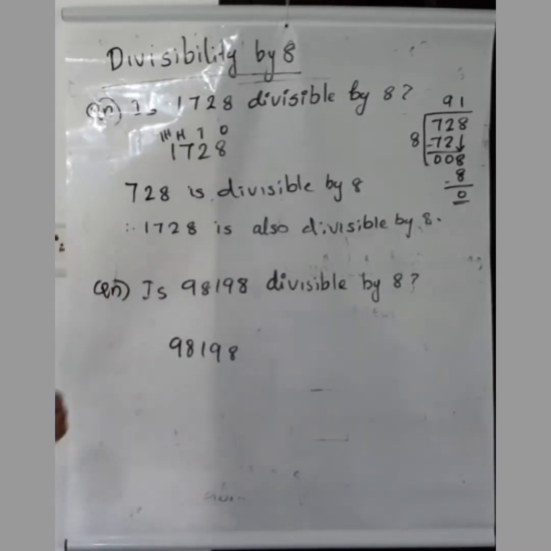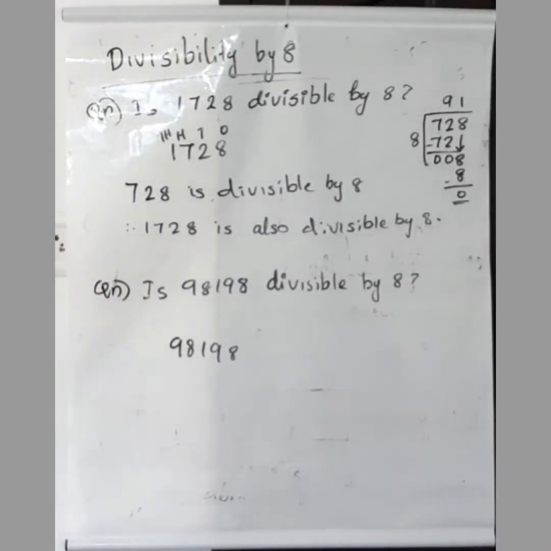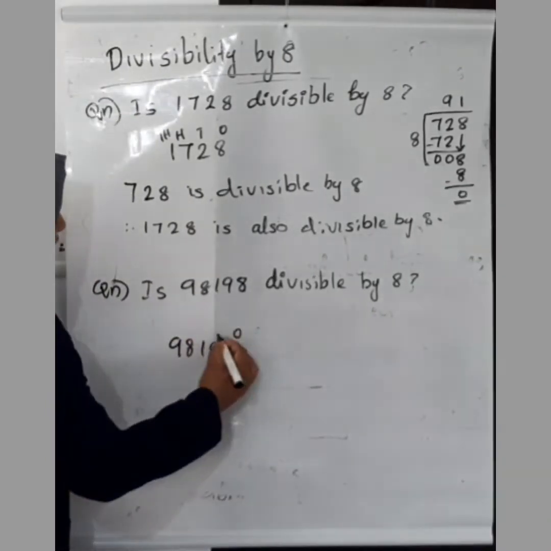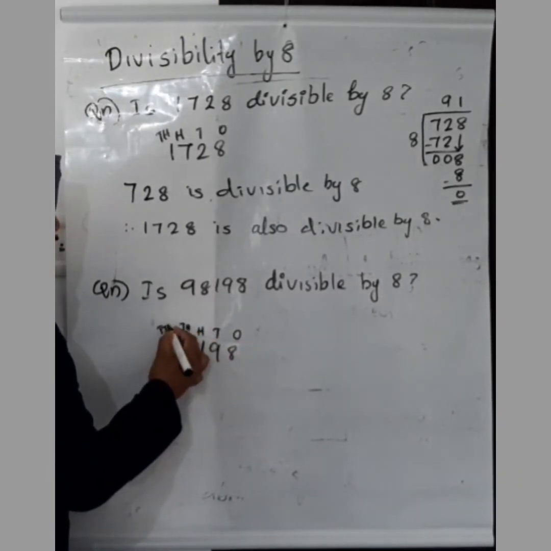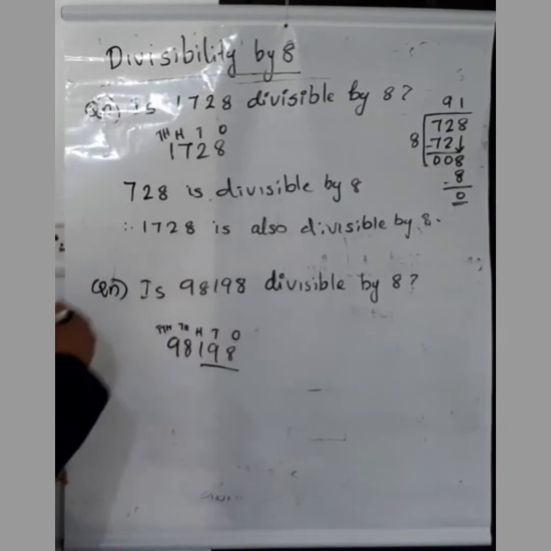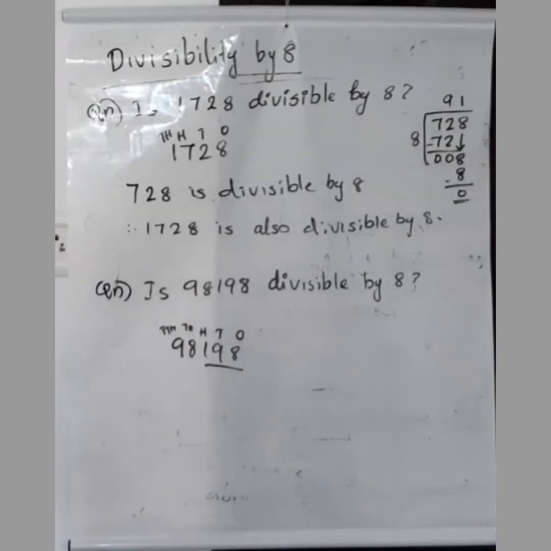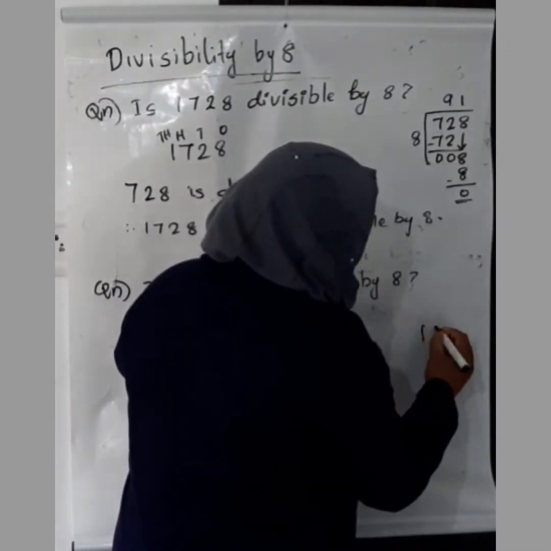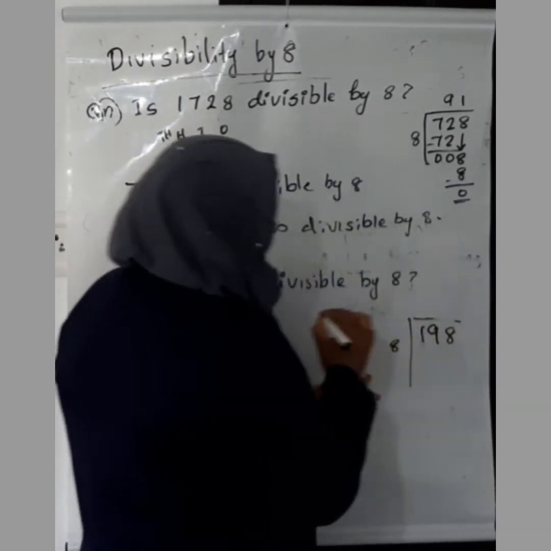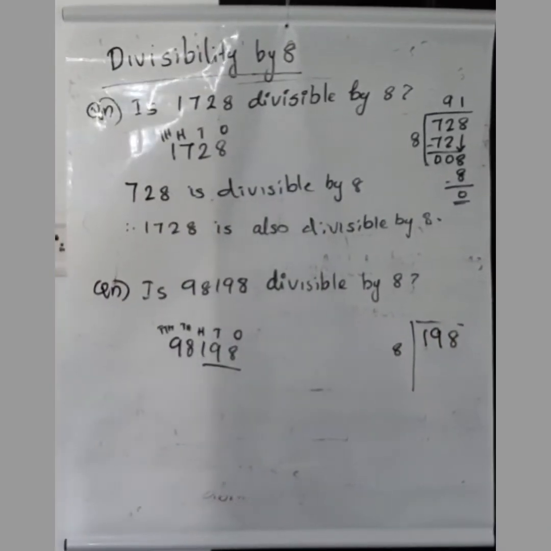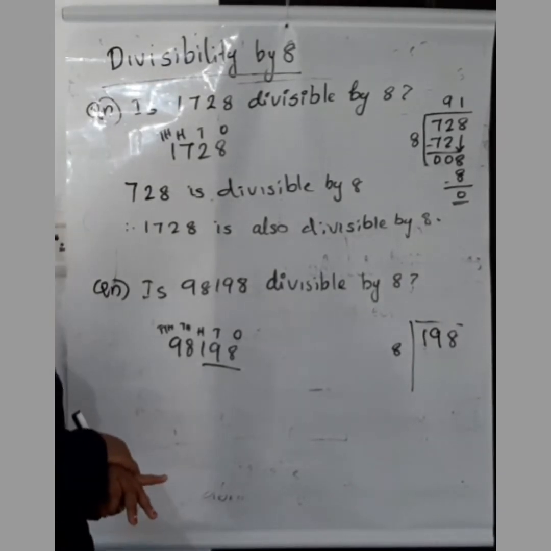So which number do we have to consider for dividing by 8? Yes, ones, tens, hundreds, thousands, ten thousands. So which is the last three digit number? Yes, it is 198. So when we are dividing it by 8, what happens? 1 into 8, 8.